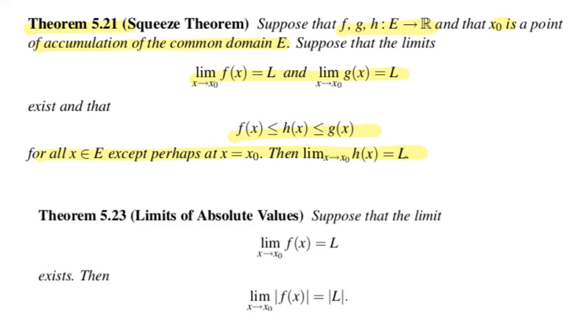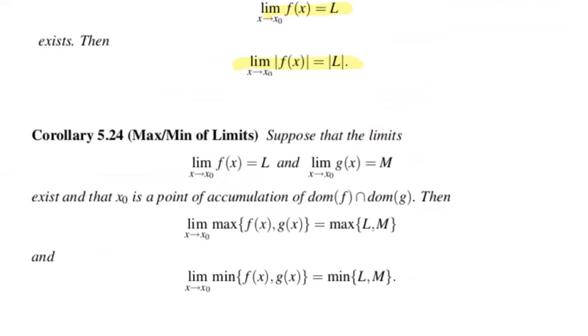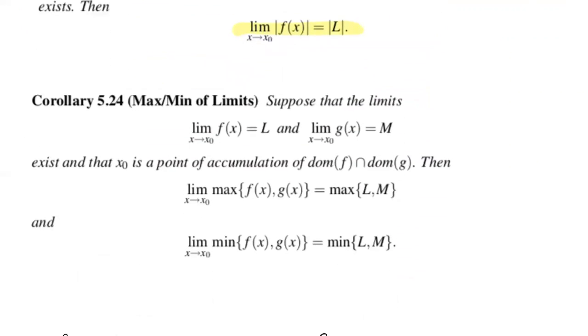Cool. Absolute values was one of our properties for sequences, so it's true for functions. The limit of the absolute value is the absolute value of the limit. Because of that, maybe you remember back in the day, we talked about these min and max functions. The min and max functions are expressible in terms of absolute values. It's one of your homework problems.